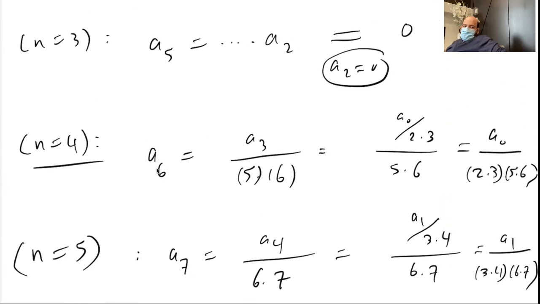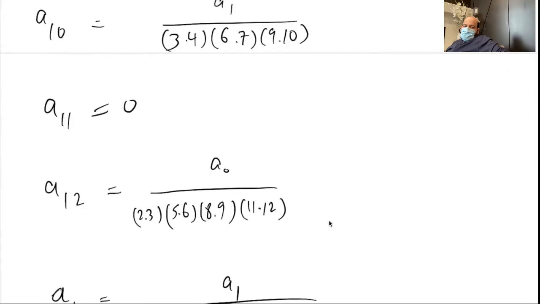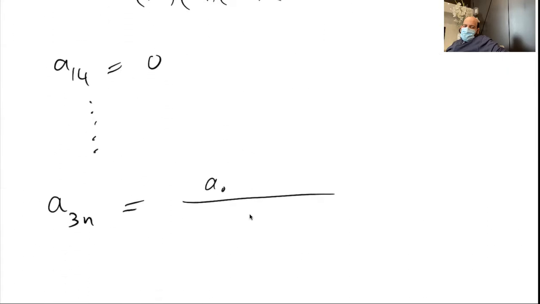And what about the denominator? As we said, the last number in the denominator matches this index. So the last number is 3n. The one before it is 3n minus 1. Then one number will be missing, 3n minus 2 will be missing. Then I'll have 3n minus 3.